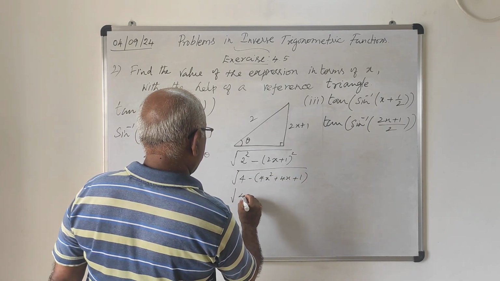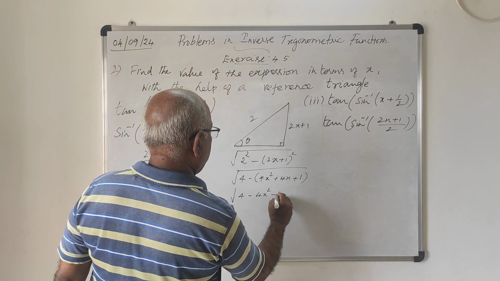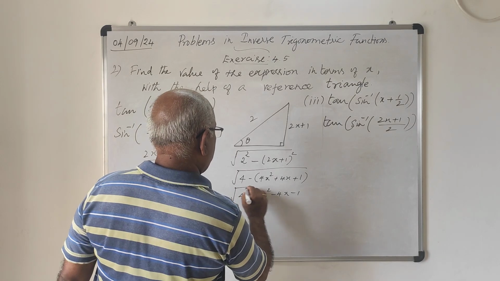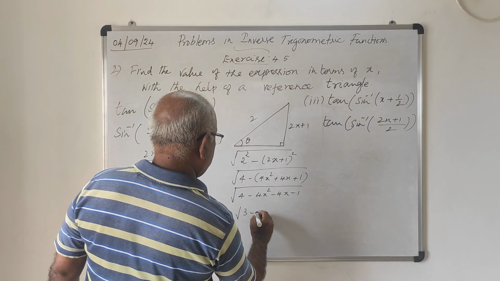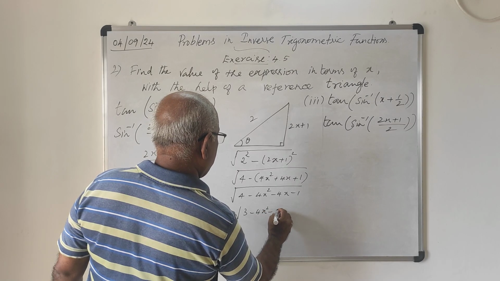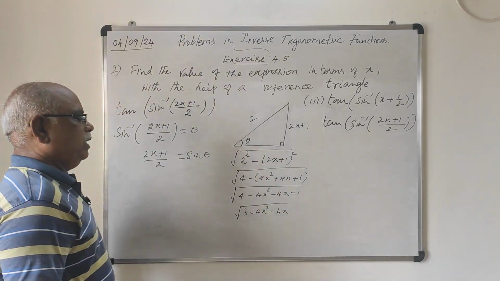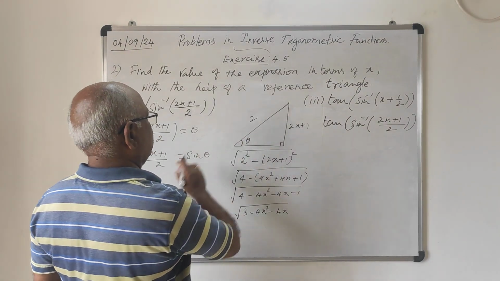Again by simplifying, 4 minus 4x square minus 4x minus 1. So this is equal to 4 minus 1, 3 minus 4x square minus 4x. 3 minus 4x square minus 4x is the adjacent side.